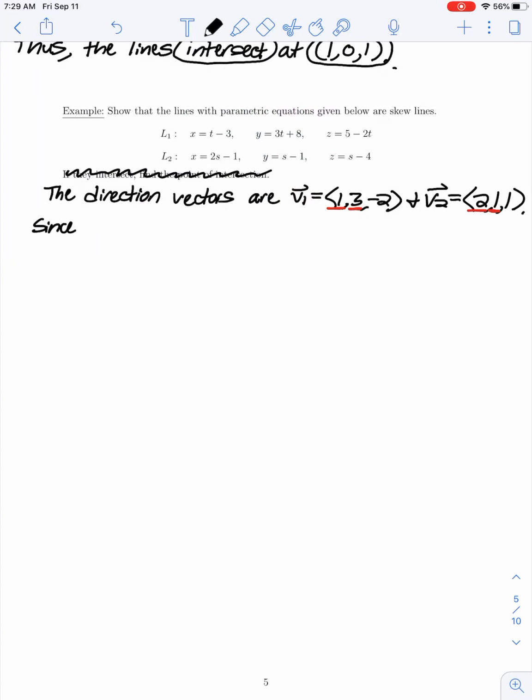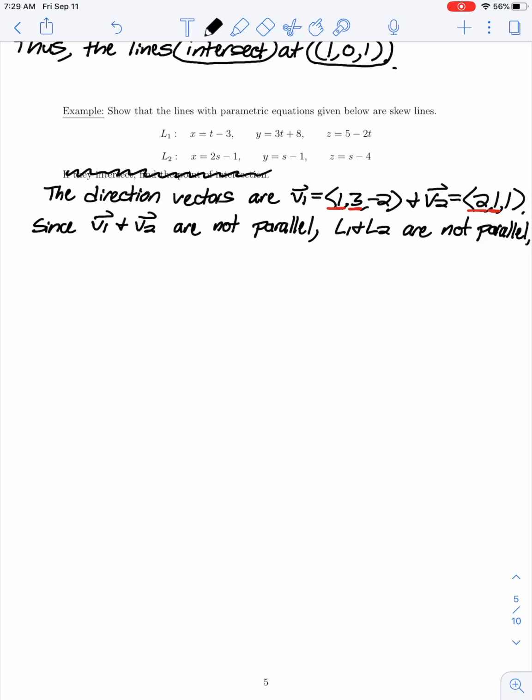So since these direction vectors, V1 and V2, are not parallel, the two lines, L1 and L2, are not parallel. So all that we need to show to see that they are skew is that they are also not intersecting.